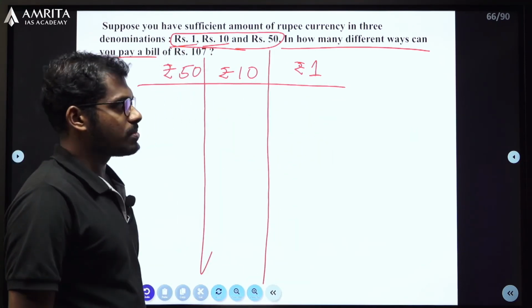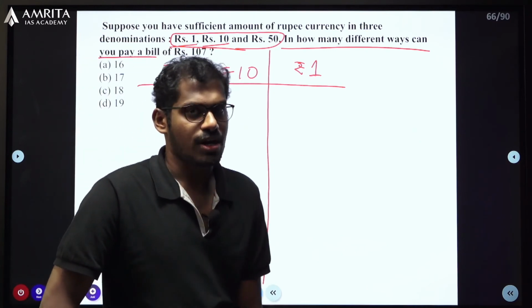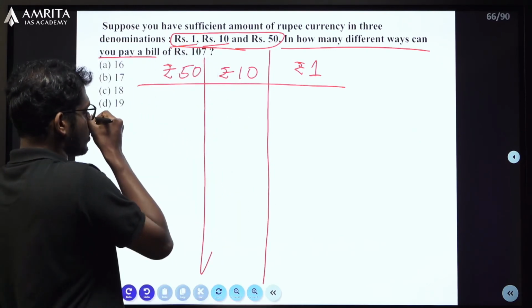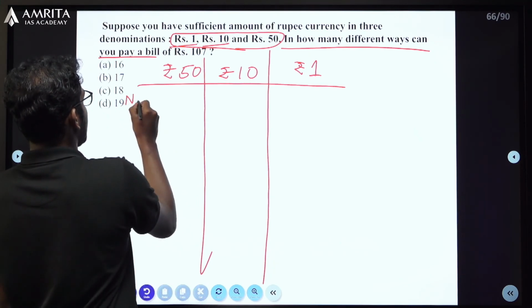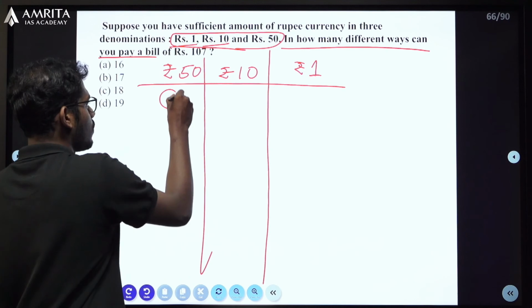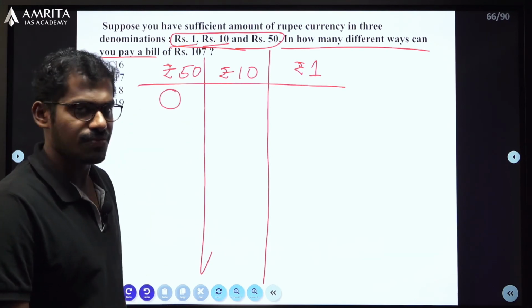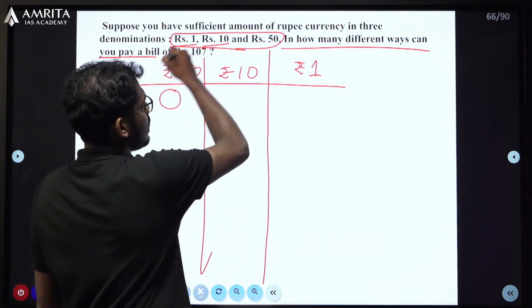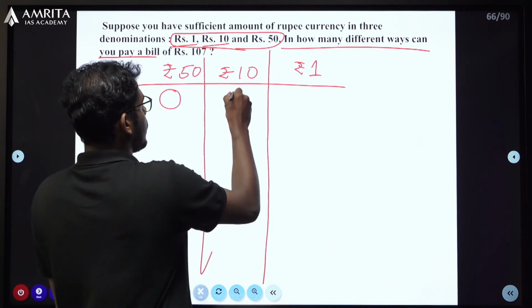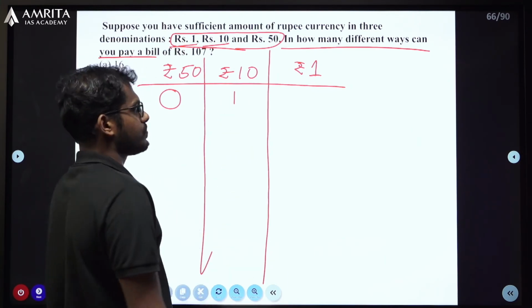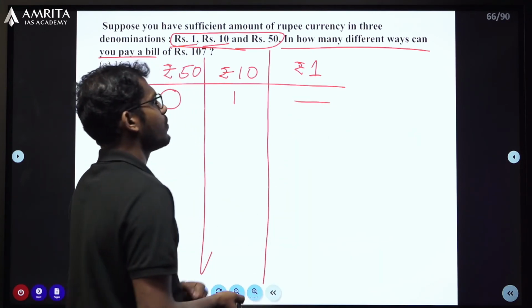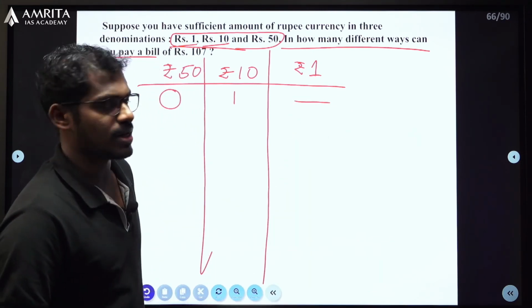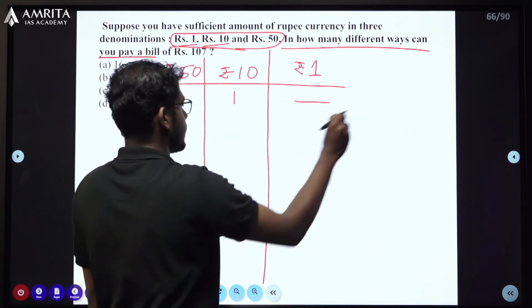So there are many possible ways that we can pay the bill of 107 rupees. Suppose now 50 rupees is not used and we have enough currency in our hand and 10 rupee is used. 10 rupees and the remaining 97 1 rupees are used. Okay, this is a possibility.